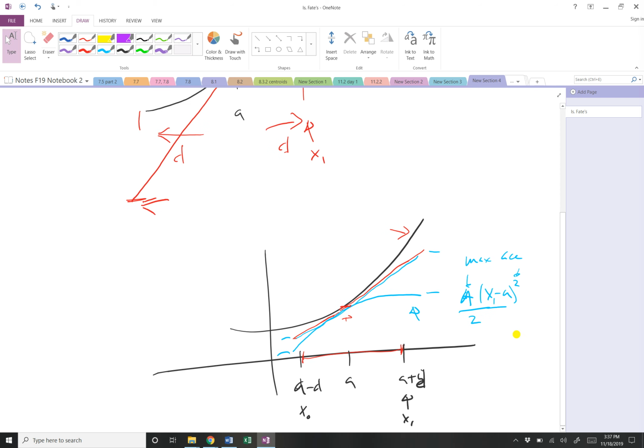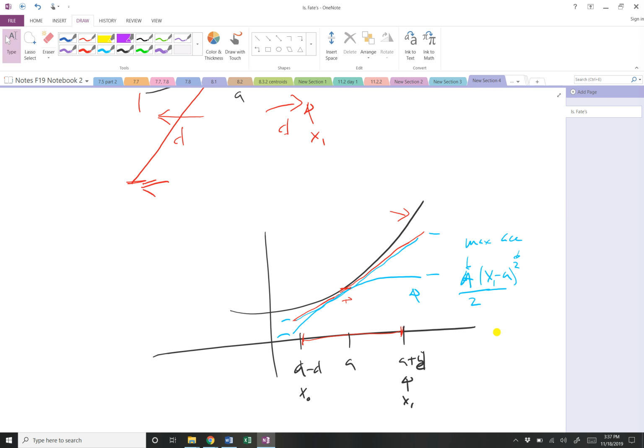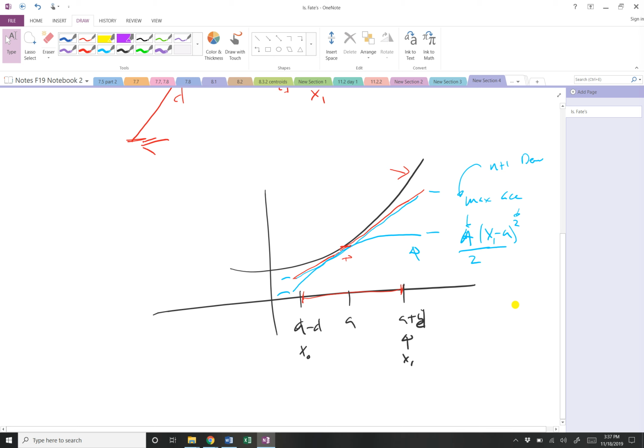You can start to see a pattern here: if we find the max of the n plus first derivative, and we take x minus a, usually it's an endpoint, but for some value on a given interval, then we end up with n plus 1 factorial, the same pattern that we talked about before with the power rule.